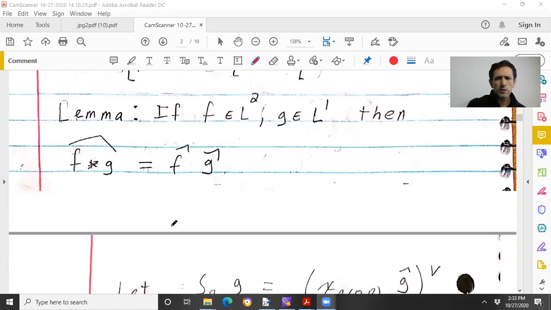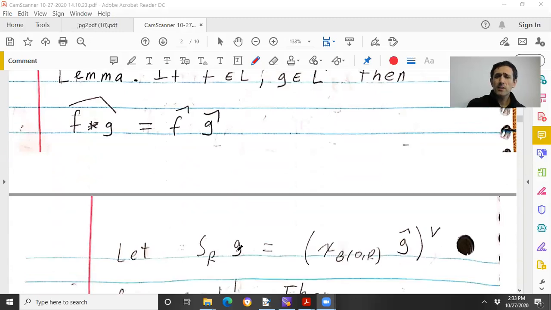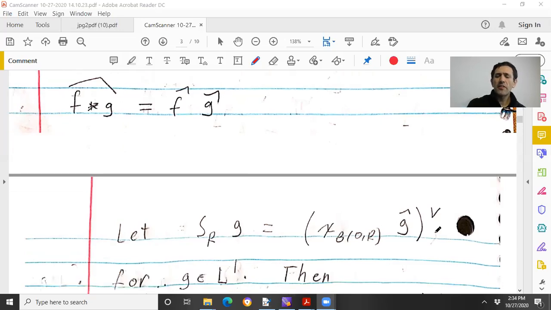Okay, so let's put this to good use. Let's say S_R g is the inverse Fourier transform of the characteristic function of the ball times the Fourier transform of g, for g in L^1. Let's get a nice concrete realization of this.